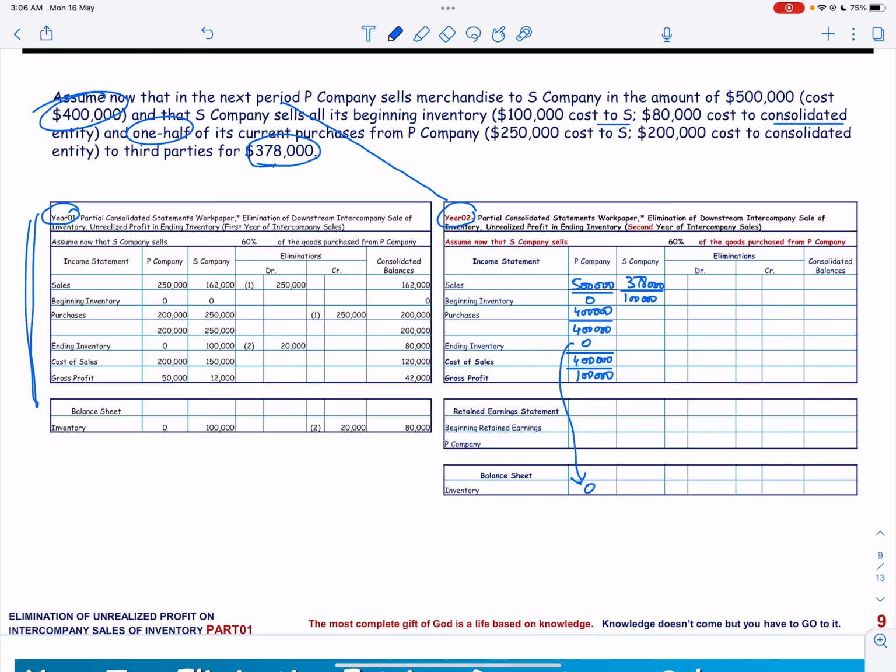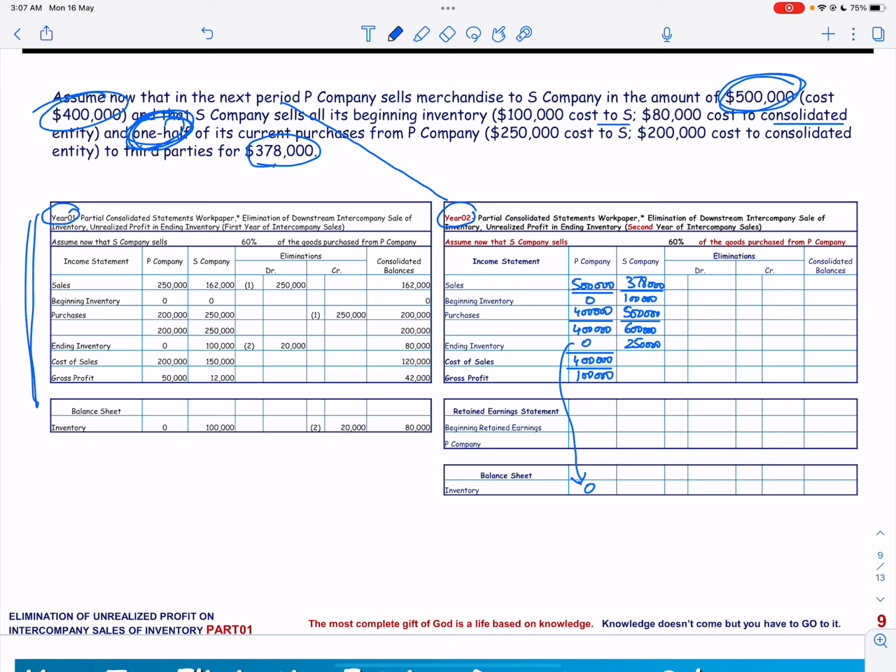The purchases were for 500,000. So the cost of goods available for sales is 600,000. The ending inventory is 50% of 500,000. So that makes 250,000.